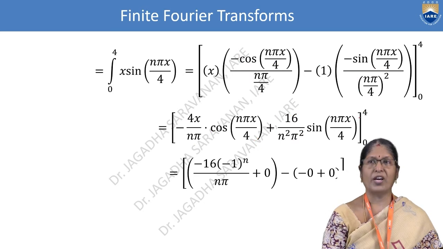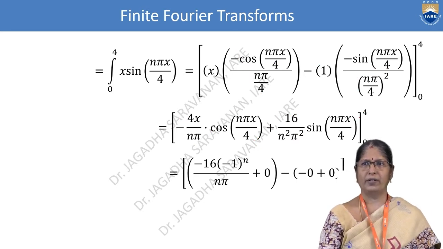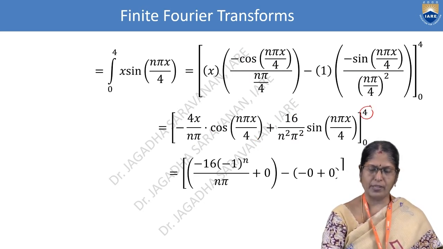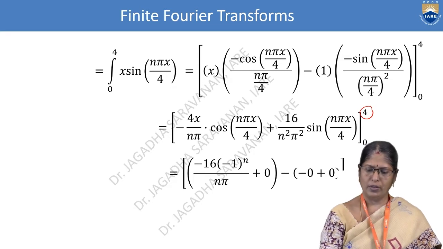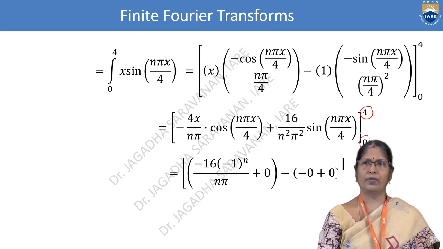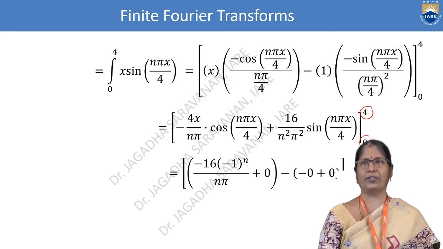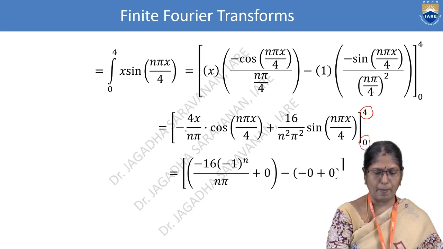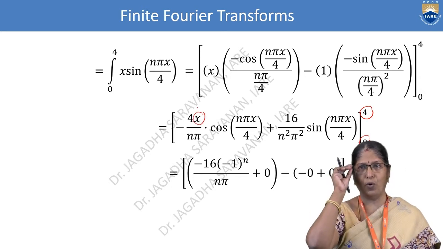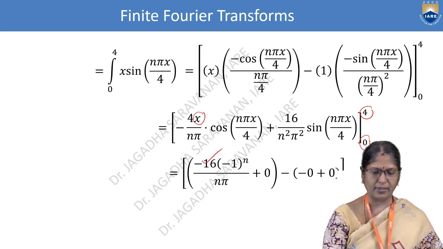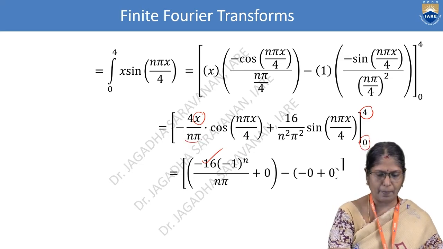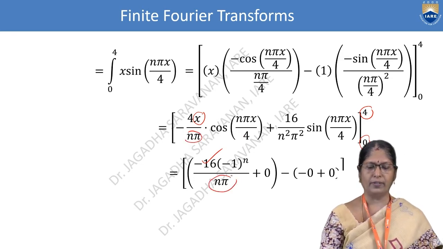Now we are applying the limits: the upper limit is 4 and the lower limit is 0. For the upper limit, in the place of x, first we substitute. That is minus 4 into, here x is taking the value 4, it has become minus 16. This n pi is written as it is.